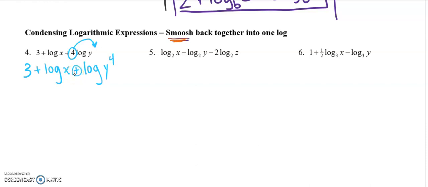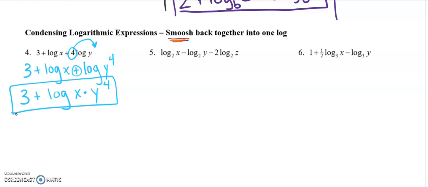We've got addition. Where does addition come from? Addition comes from multiplication, so we'll have log of x times y to the 4th. All right, we're just going to leave the 3 alone since we don't really know anything about the common log. So that's what we've got.